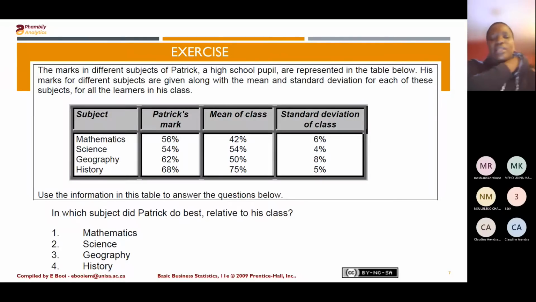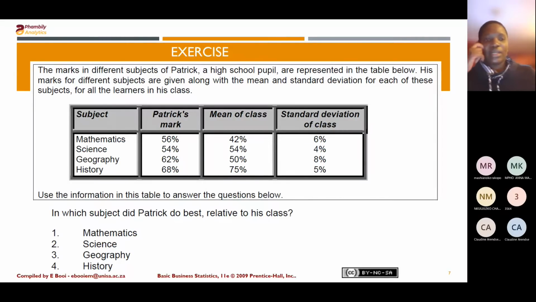So let's look at this example. The marks in different subjects of Patrick, a high school pupil, are represented in the table below. His marks for different subjects are given along with the mean and the standard deviation for each of these subjects for all the learners in his class.